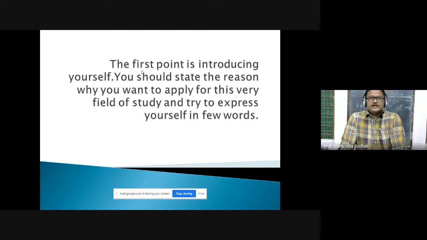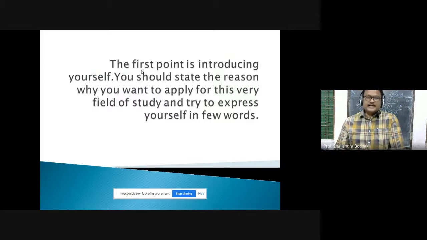Now, the first point is introducing yourself. When you start your SOP, you first introduce yourself. You should state the reason why you want to apply for this very field of study. That means you have to mention the reason why you want to apply for this medical or engineering or any management course or any graduate school, and try to express yourself in few words.